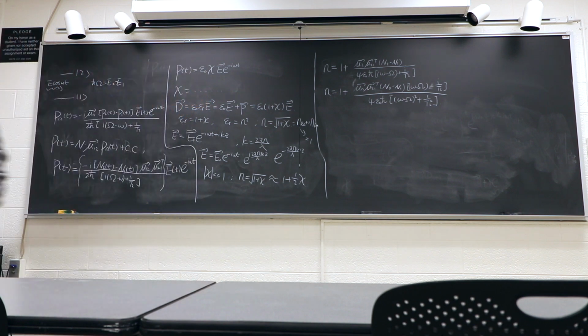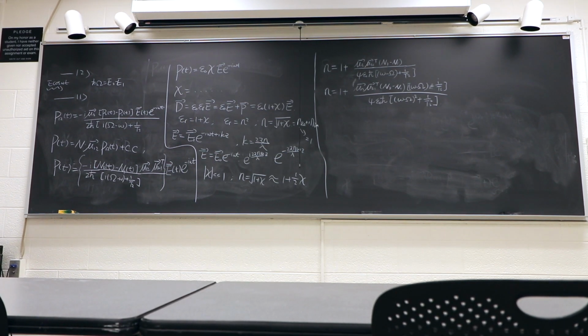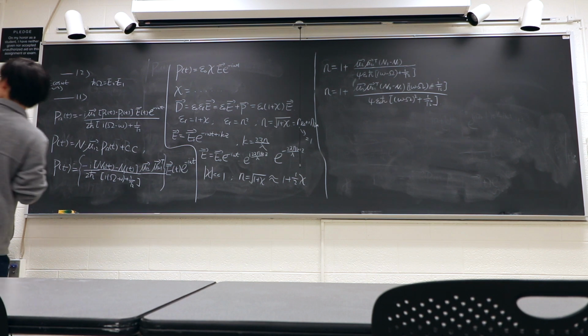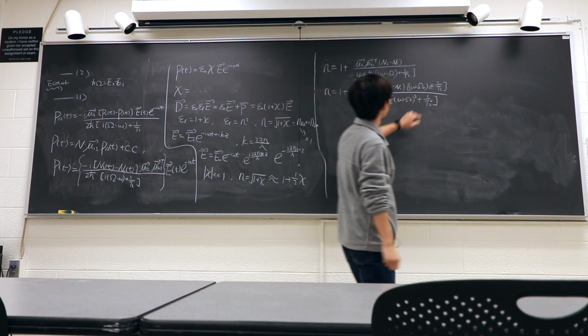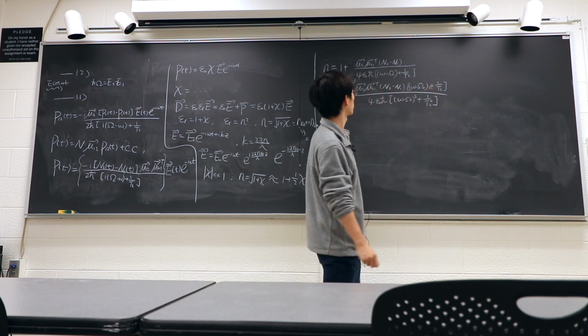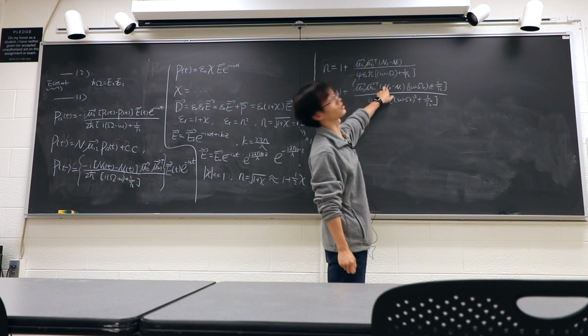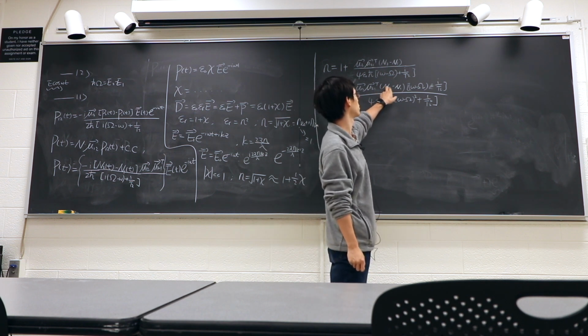So you see that the sign of the imaginary part is completely determined by your n2 and n1.